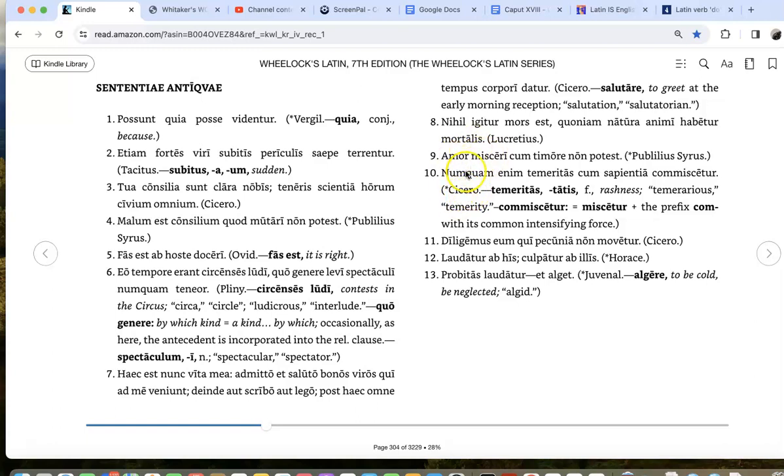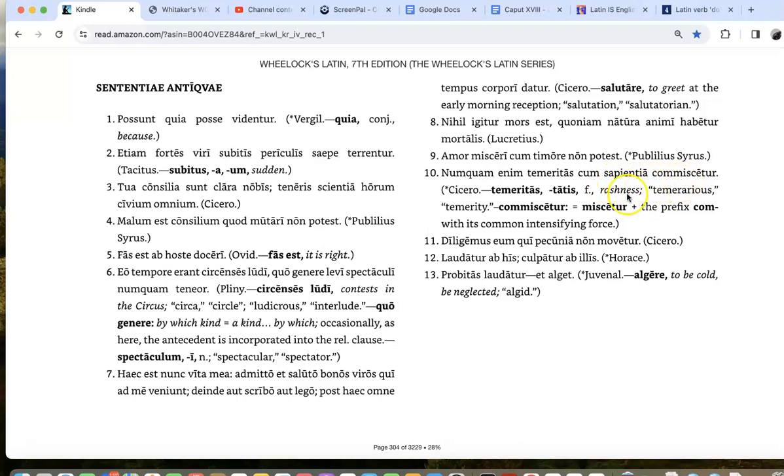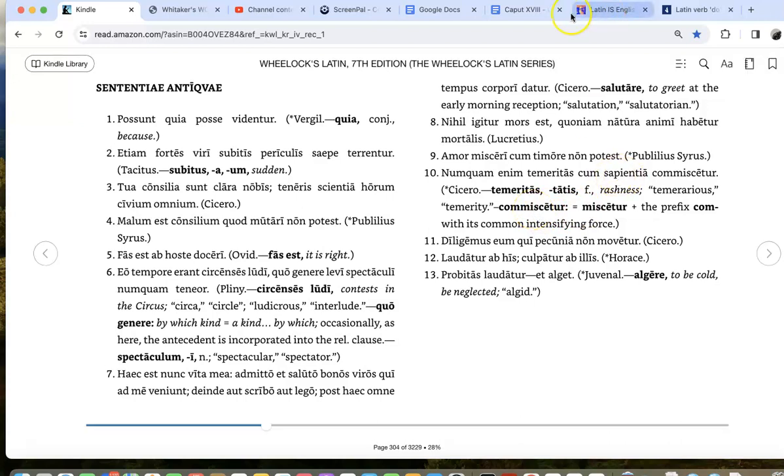And then the last one, we tend to do about 10 here. Numquam enam temeritis cum sapientior commiscitur. For rashness is never to be mixed with wisdom.